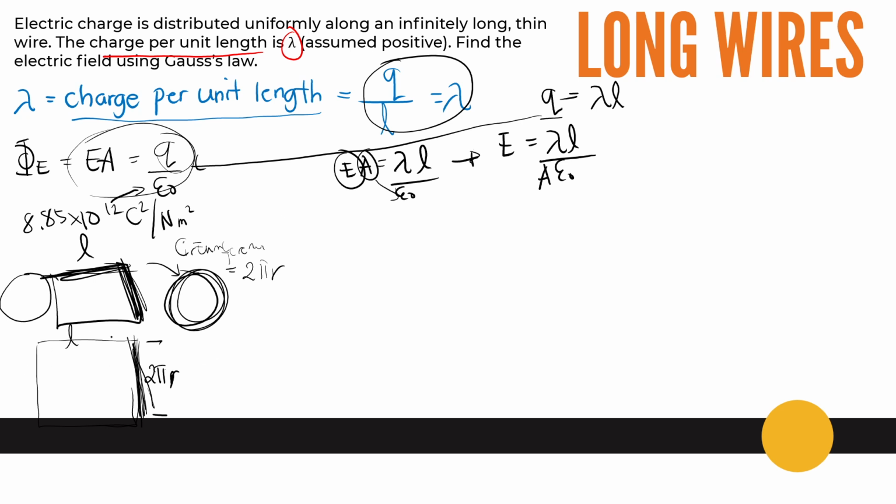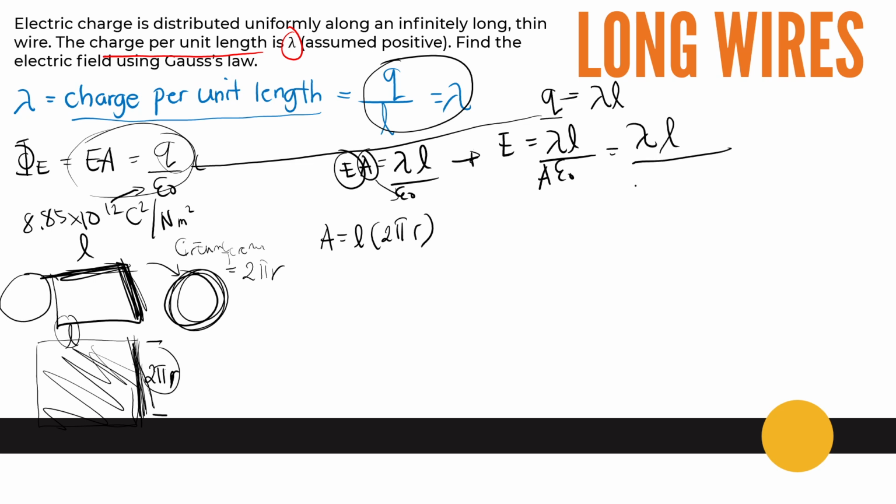Ang pagkuha lang naman ng area ng rectangle is length times width. So to find my area is equal to length times 2 pi r. Ilalagay ko siya dito: lambda L all over length times 2 pi r times epsilon naught. So pwede ko makancel yung length ko.